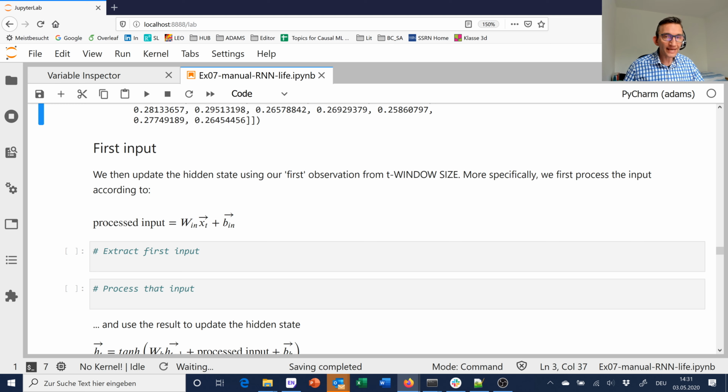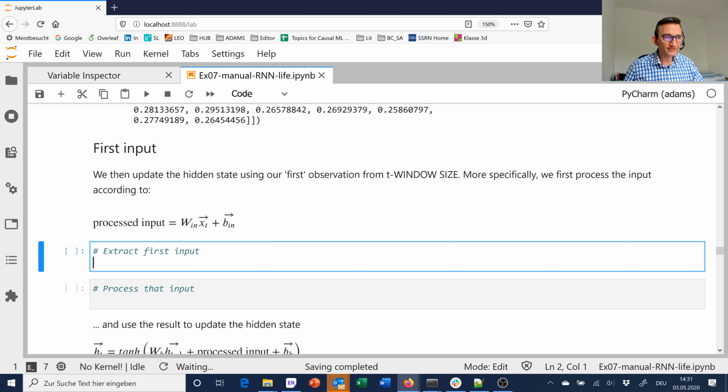Anyways, back to our simple RNN. We don't want to overcomplicate things. So the first input when we now process our mini batch. I mean, this is a little bit of an overkill because the batch size is 1, so there is just one example.